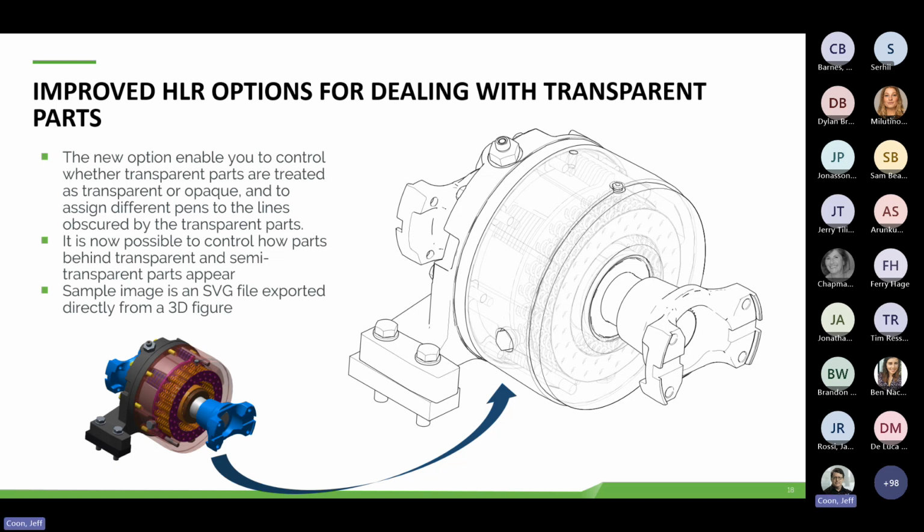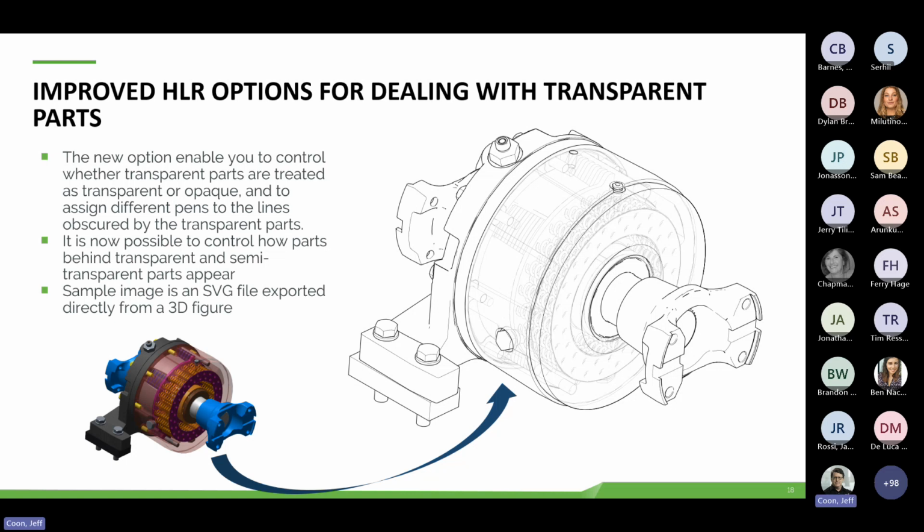So what we've added is the ability to have a pen specific to the parts behind the transparency. In this particular image, I applied a thinner gray line to the objects behind the transparent part so that you can give a better illusion that this outer thing is semi-transparent. It's not just gone, but you can still see what's behind it.